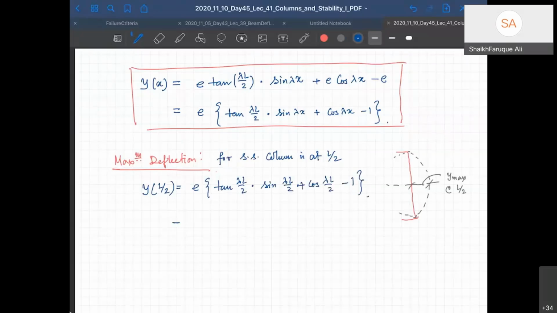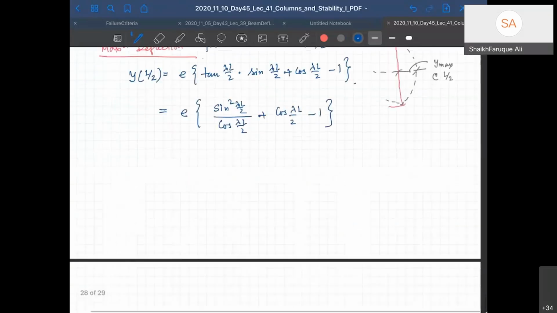So that will come out to be E into, what will happen? There will be sine into sine by cos, so it will be sine square lambda L by 2 by cos lambda L by 2, plus cos lambda L by 2 minus 1.